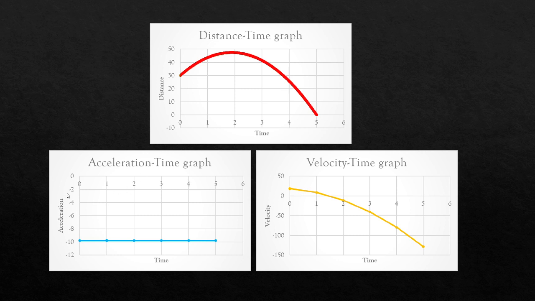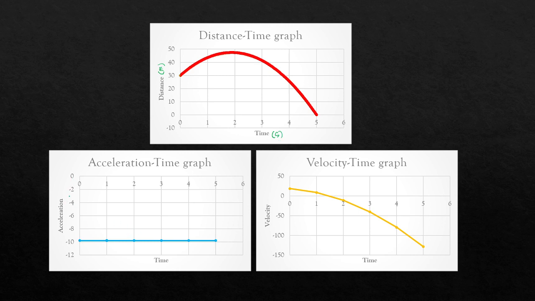and to properly label the units. In this graph I forgot to label the axis that I have used, so I should have written here for the distance, meters, and for the time it should be seconds.